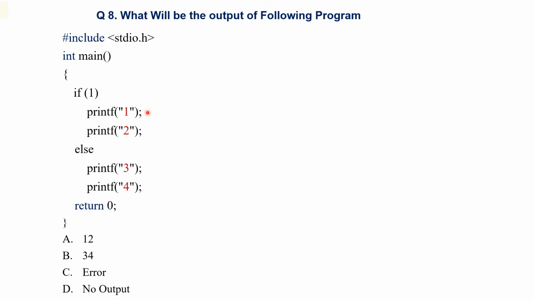And hence while compiling this program, this else statement will not get its corresponding if statement, because this if is terminated with this statement. So hence this else does not have its corresponding if statement, and hence while compiling this program, this statement will generate an error like misplaced else. So hence the correct option for this program is option C.